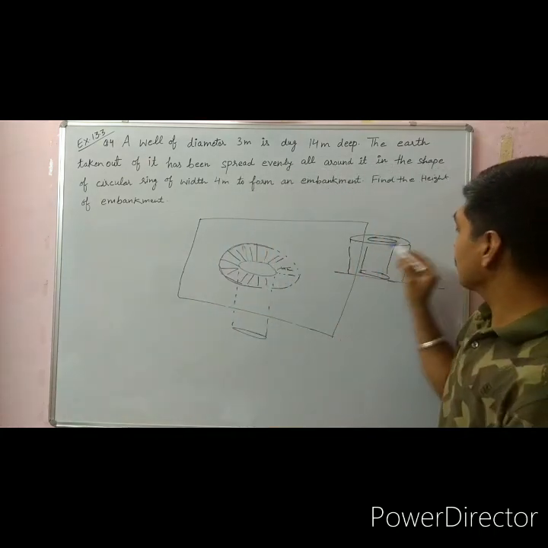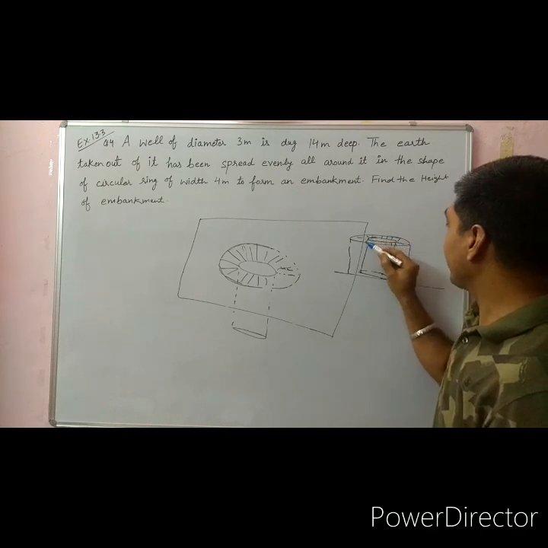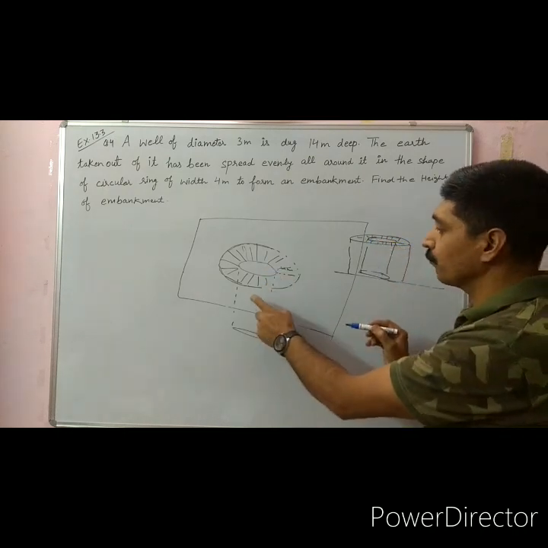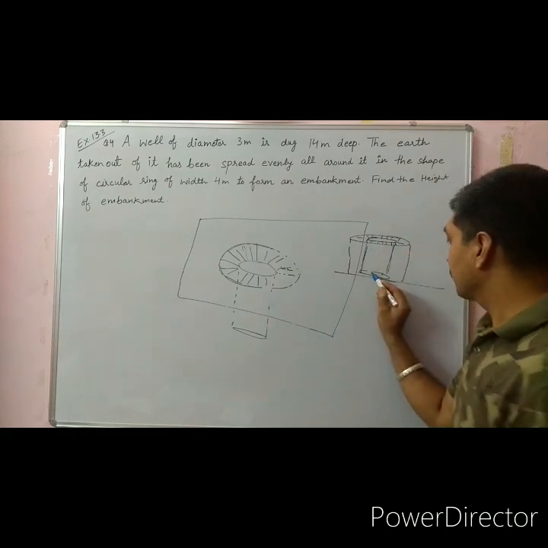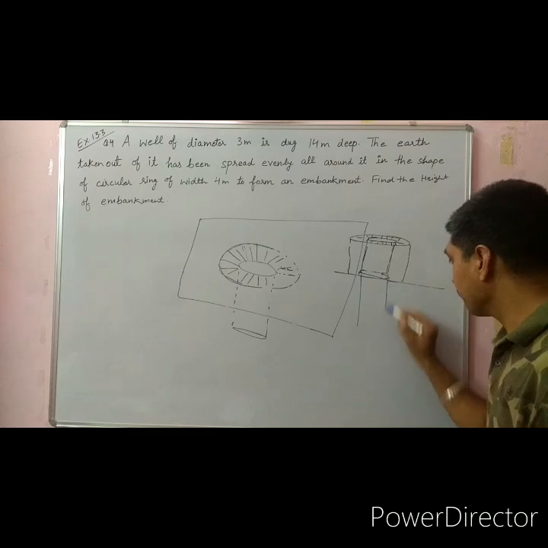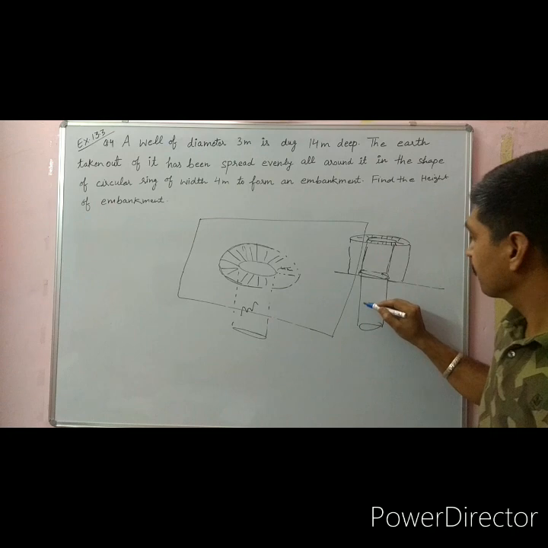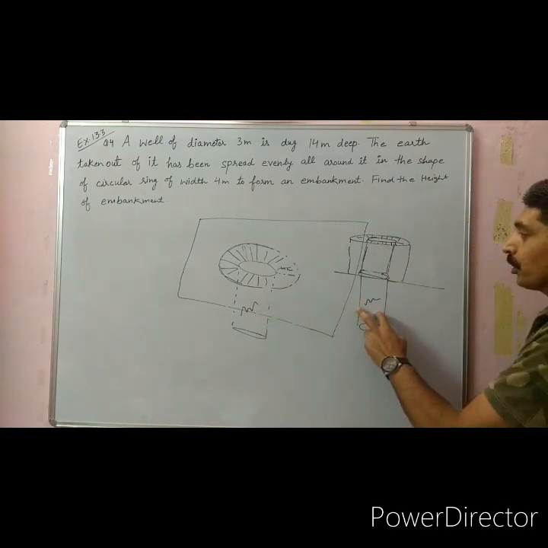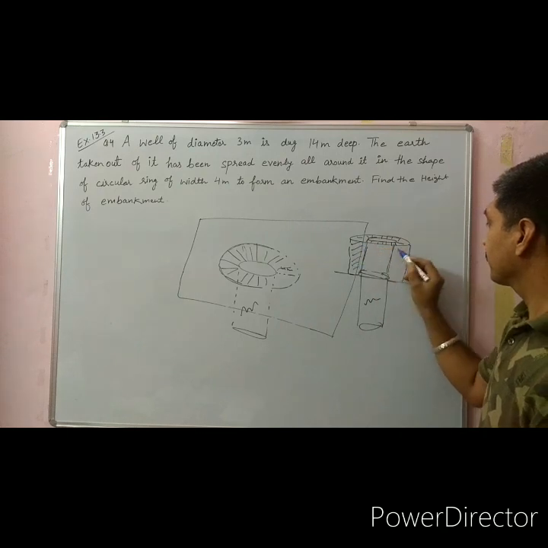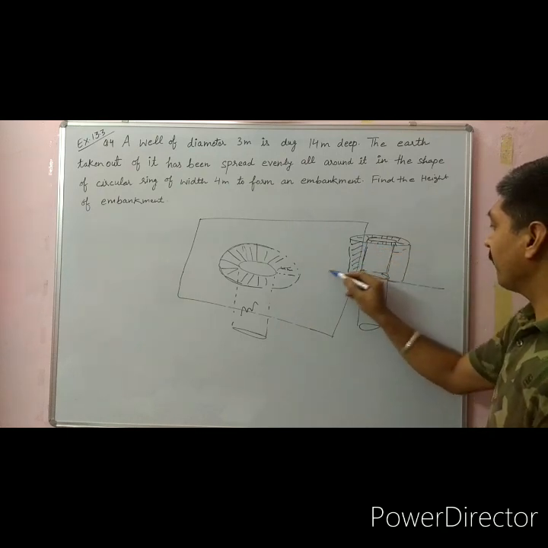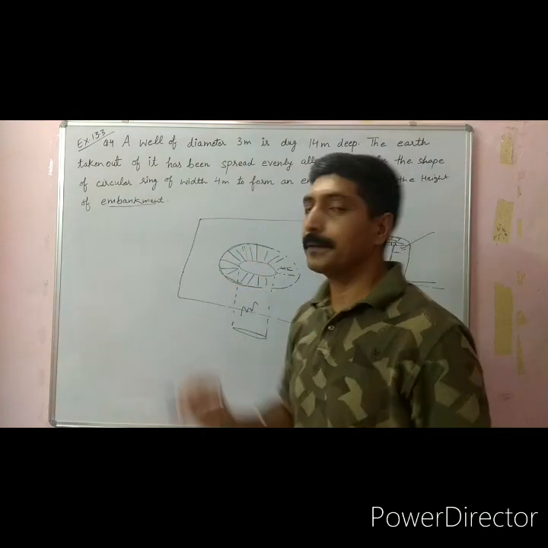This solid portion is entirely equal to the volume of the well, which is empty here. This new shape outside the well and above the surface is known as your embankment.